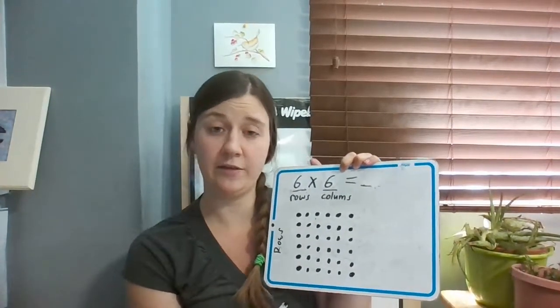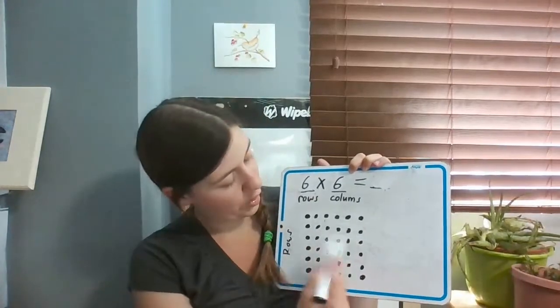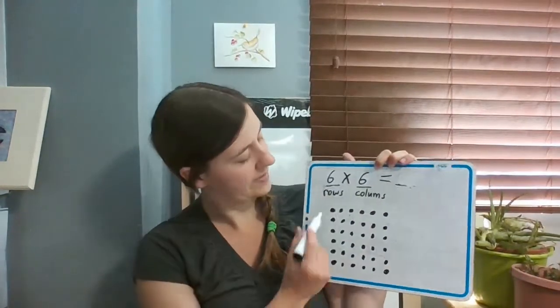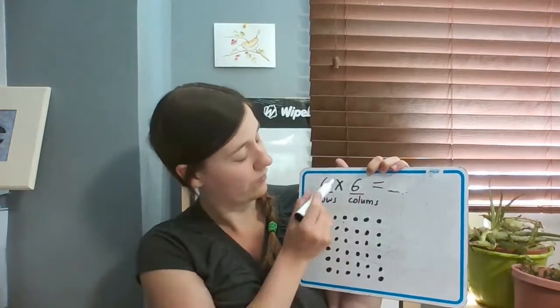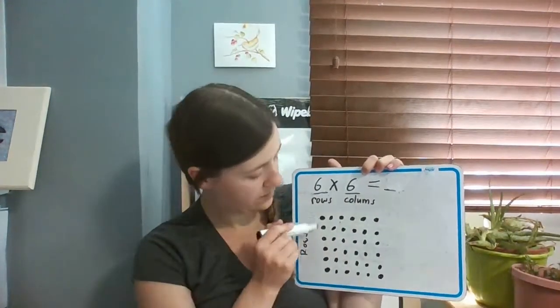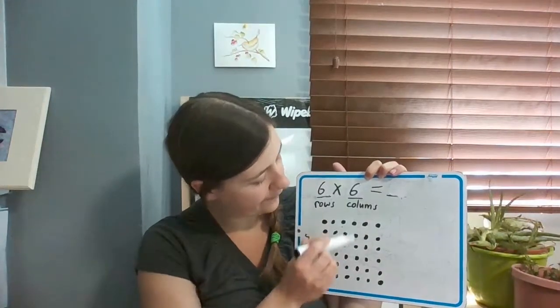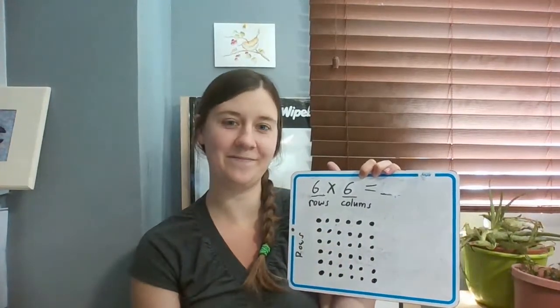Let's make sure that we have 6 rows and 6 columns. 1, 2, 3, 4, 5, 6 rows and columns. 1, 2, 3, 4, 5, 6.